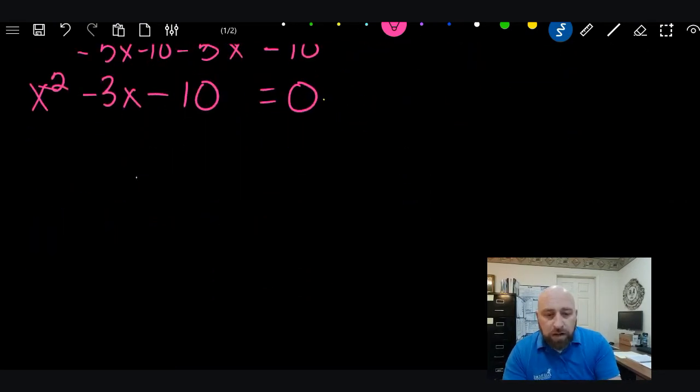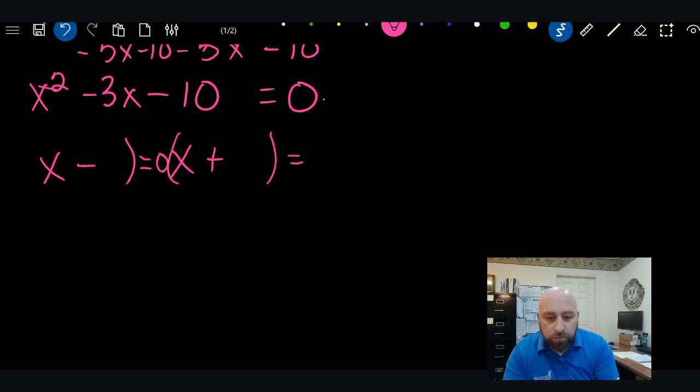So what we would do now is just solve it like it's a quadratic, factor it. What are our factors? Our signs would be negative, positive, x minus, x plus. Let me get enough room here for the equals 0. Those are both equals 0.